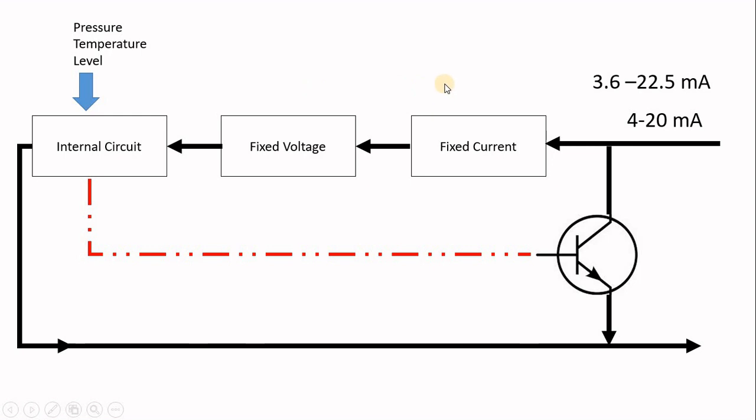The reason is some of those transmitters can go below, down to 3.5 or 3.6, and go up to 22.5 milliamps. Why? If you look at a temperature transmitter with a thermocouple, if the thermocouple burned, then the transmitter would drive the output to 3.6 or to 22.5 based on your configuration.